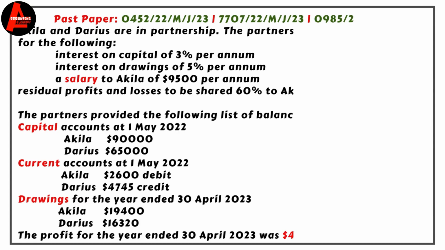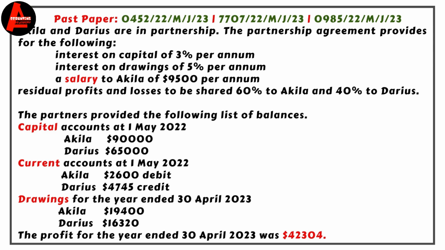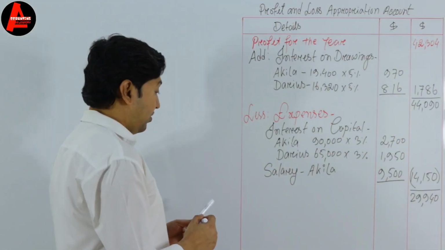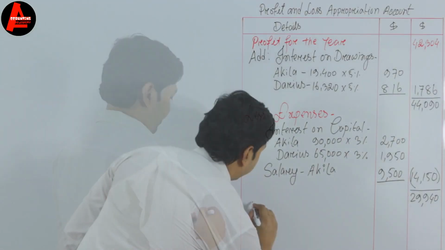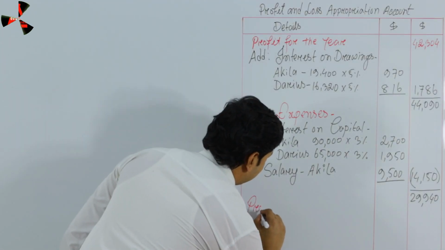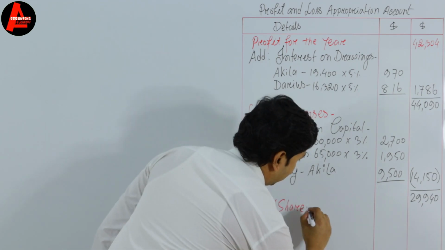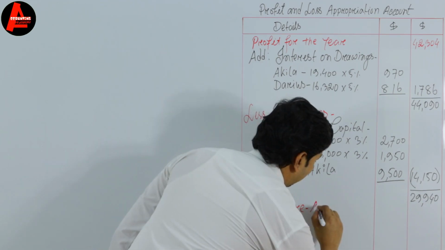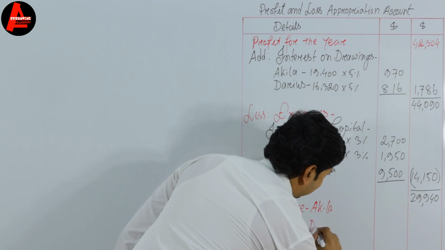The ratio is that 60% of the profit will be received by Aquila and 40% by Darius. So we write here profit share, Aquila and Darius.